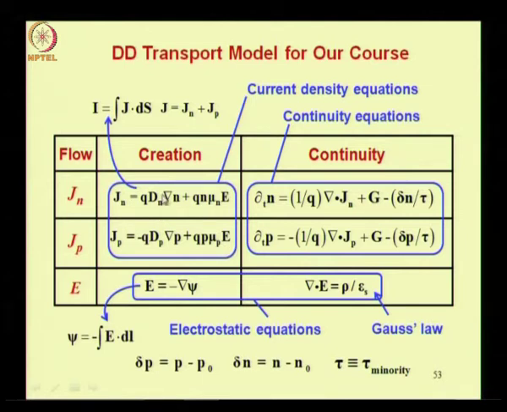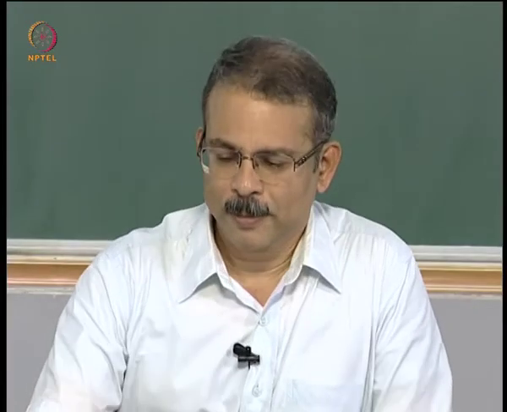As we have pointed out, the diffusion coefficients DN and DP can be obtained from the mobility values using the Einstein relation. Therefore, one does not talk about the diffusion coefficient separately. The other equations we will need are the equations for generation of electron hole pairs and the lifetime. So these equations also we will provide at the end of this module.